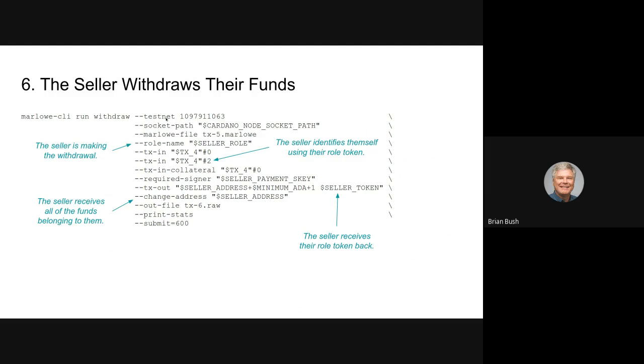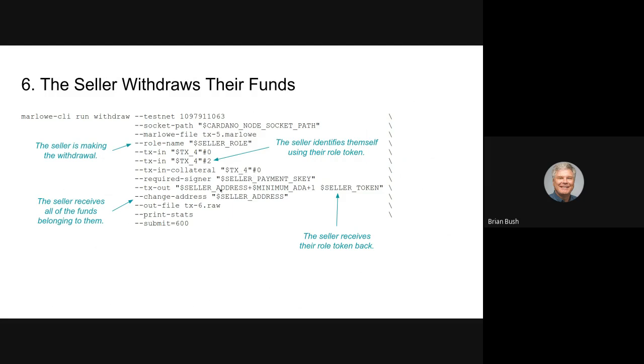You just, once again, tell it which network you're on, which transaction you're operating on, who you are. So the seller's withdrawing the funds. They're putting some UTXOs in. Most importantly, they are identifying themselves with their role token, because that role token is their passport or their identity that gives them authorization to do things with this script. And then we have collateral.